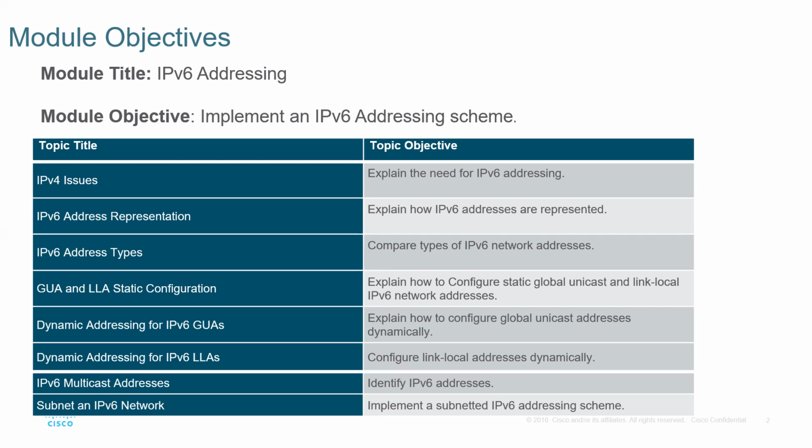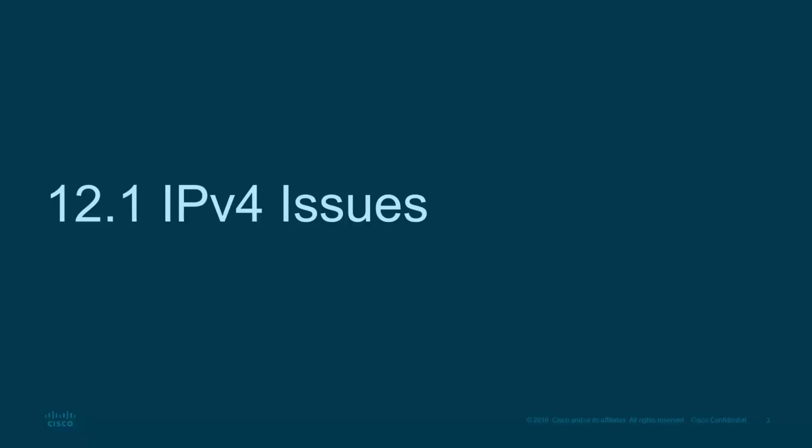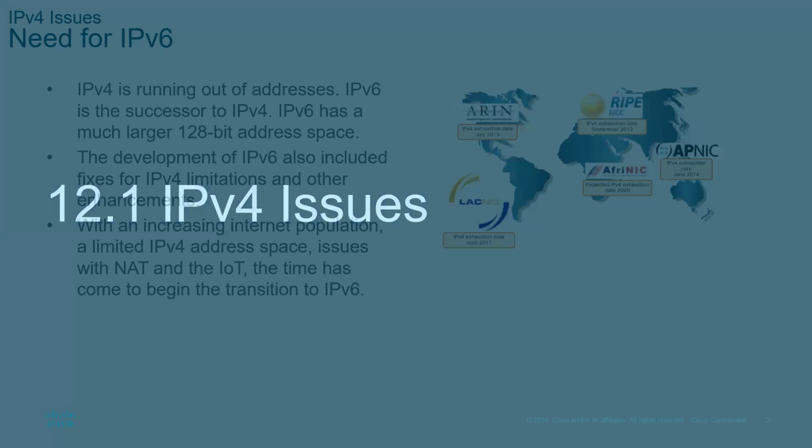We have quite a number of different types of multicast addresses. We'll discuss those. Then lastly, look at subnetting an IPv6 network, which is not as complex as with IPv4. This one is very much easy.